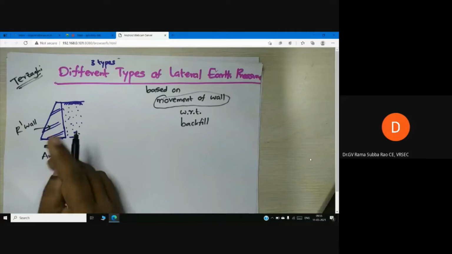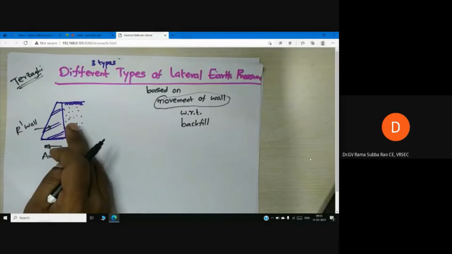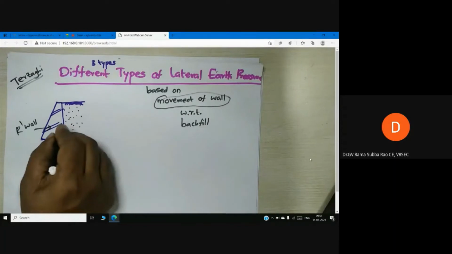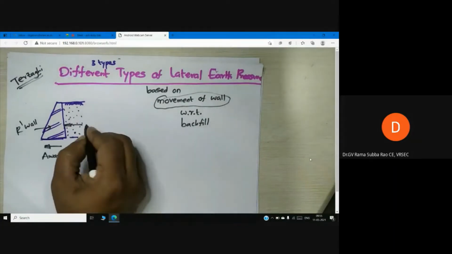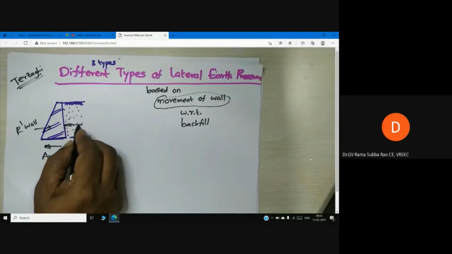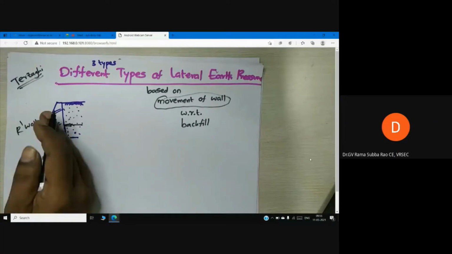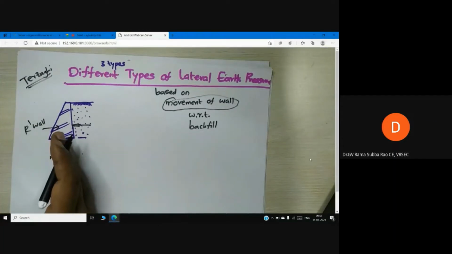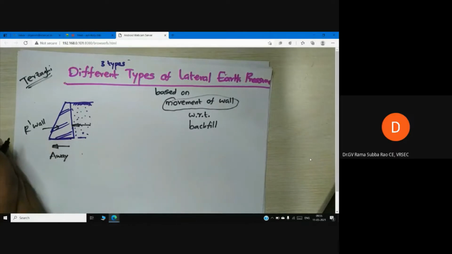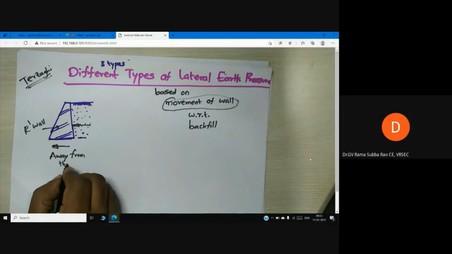So now you see this soil backfill. When you observe this, it is exerting pressure on the retaining wall, no doubt. Once this backfill is imposing pressure on the retaining wall, the wall is trying to move away from the backfill. He observed this phenomenon.